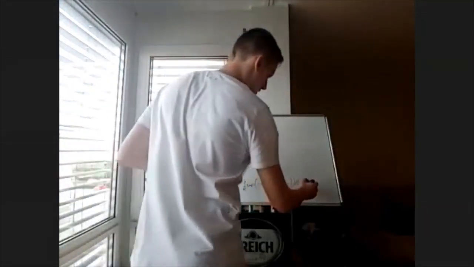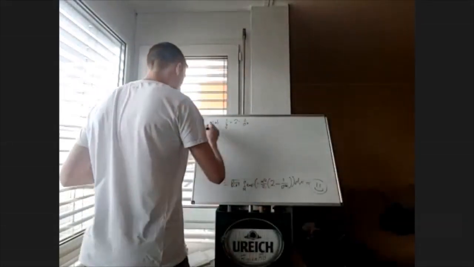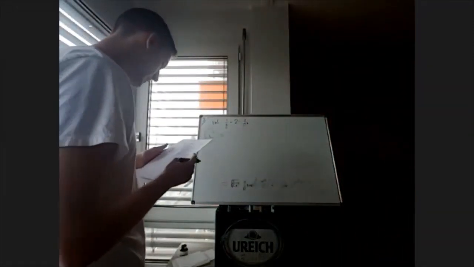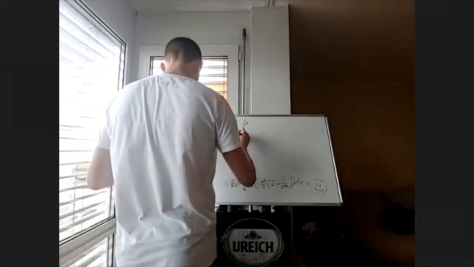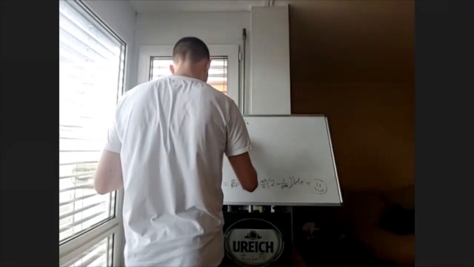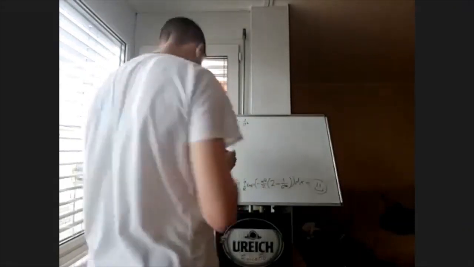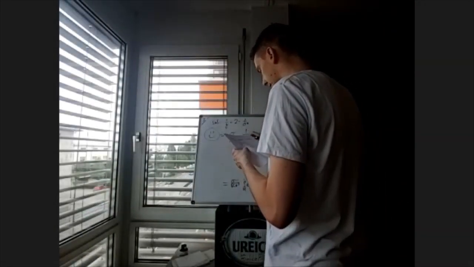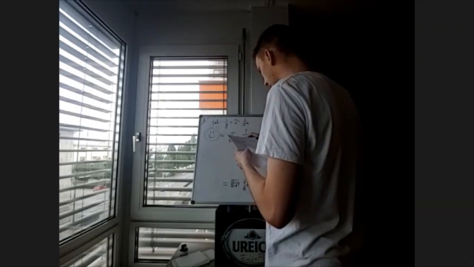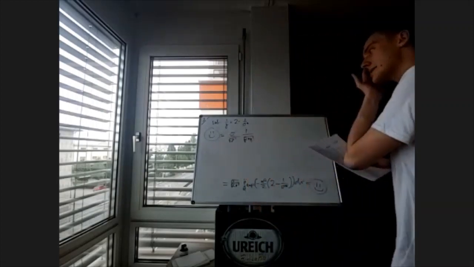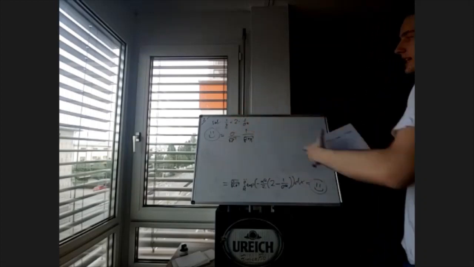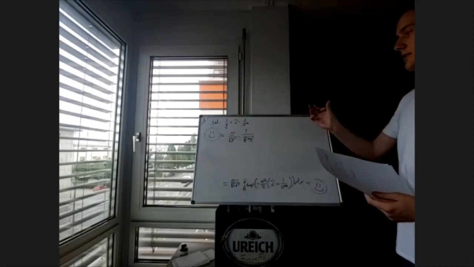So this part is sigma squared of gamma. I spare you the details here with the substitution because it's just a linear transformation.